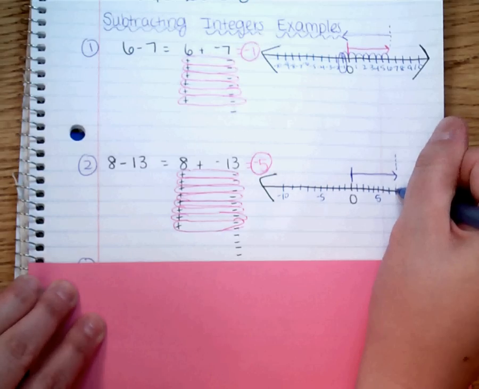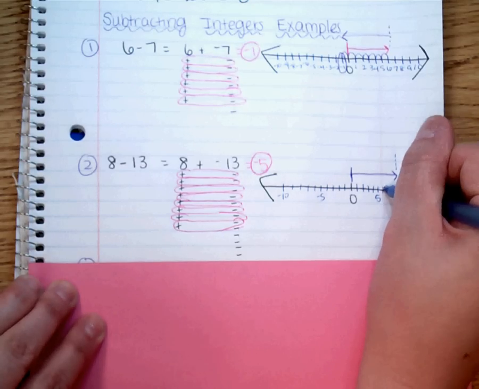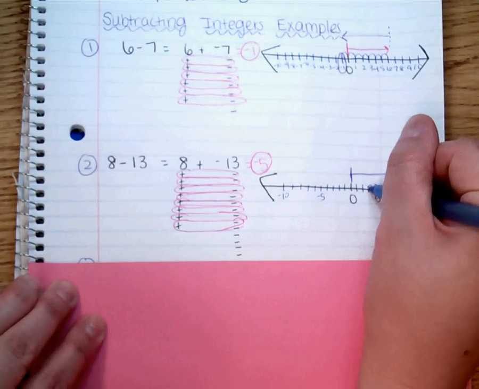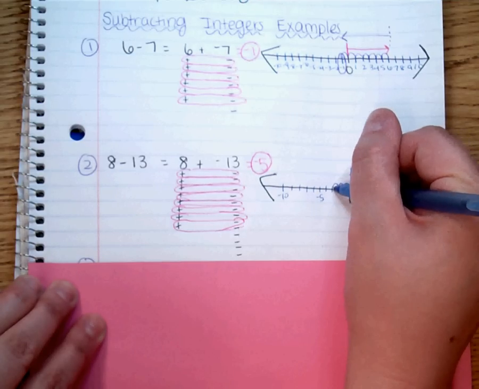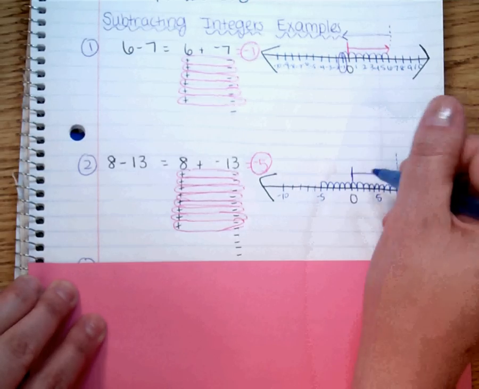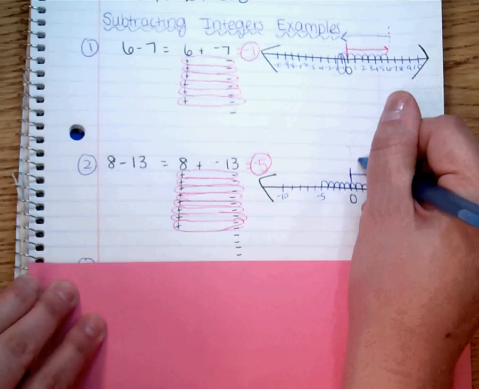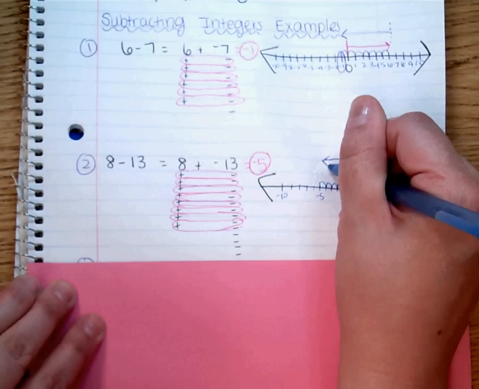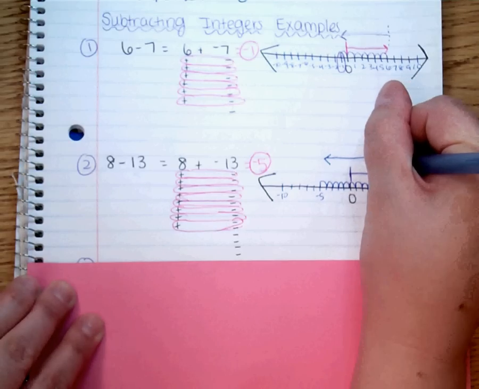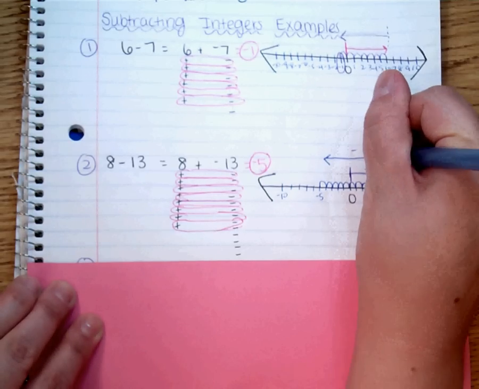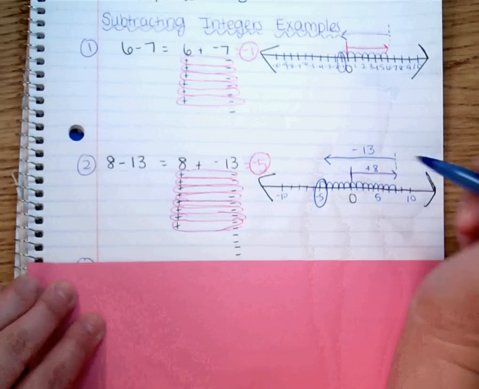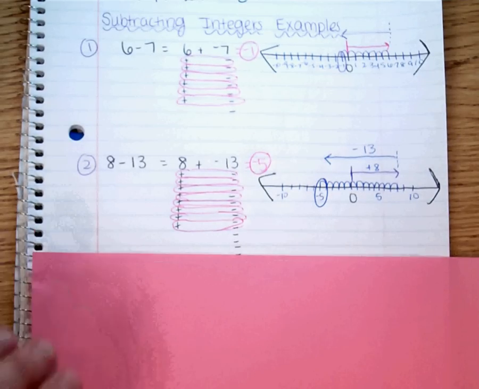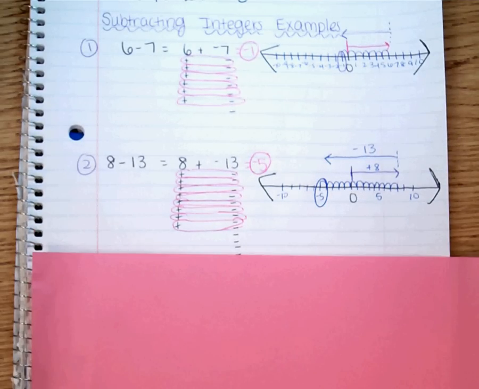So I can hop down here and then draw my line. 1, 2, 3, up to 13. So my line's going to go all the way to negative 5. So this is adding 8 and this is subtracting 13. So then I landed on negative 5. That's another way to show that my answer for 8 minus 13 is negative 5.